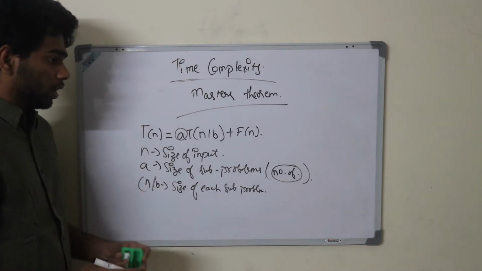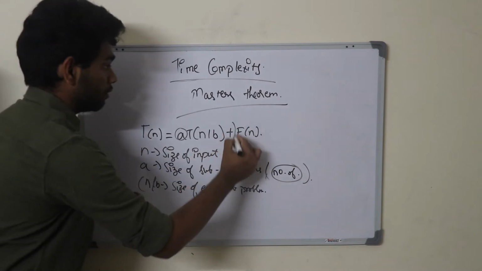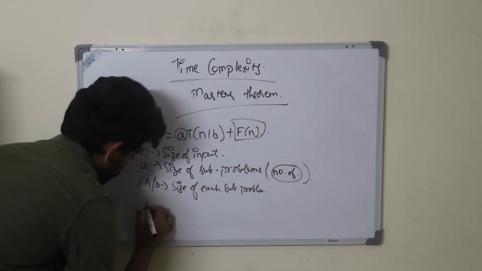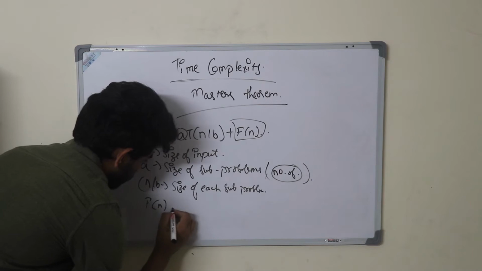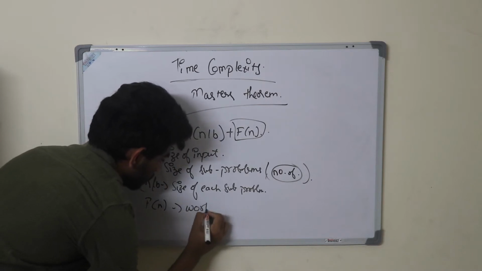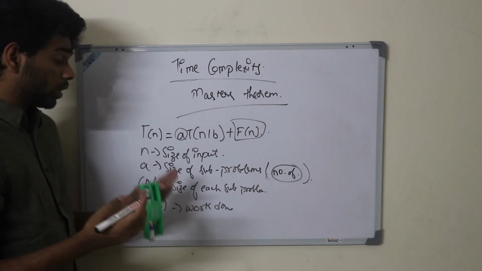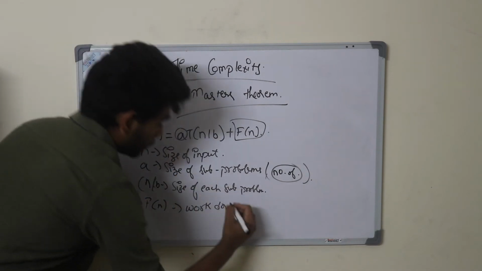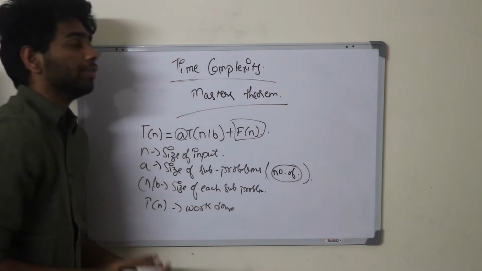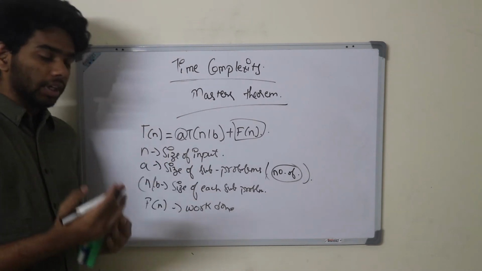N by b. So what is f of n? Finally, we are coming to the f of n. F of n is the work done outside the recursive call. Basically, I said this algorithm usually works in a recursion.